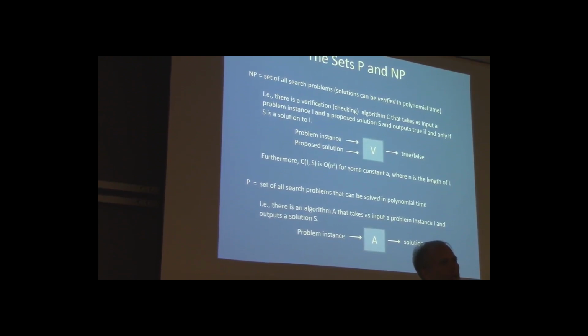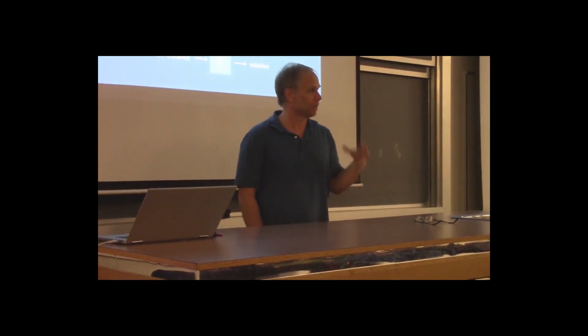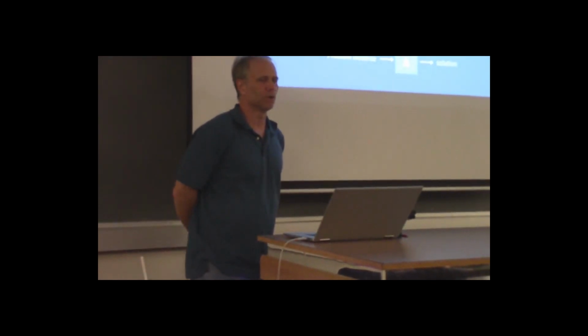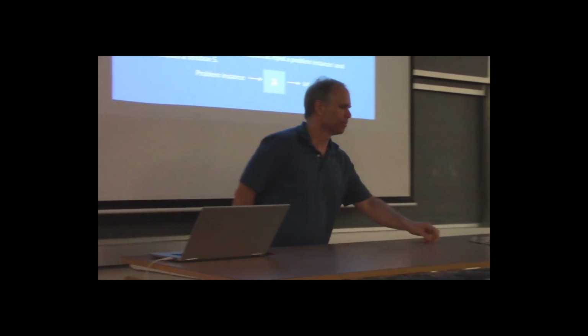In the 70s, so the theory of NP-completeness started in 1970, and in its original form, the definition of NP didn't talk about checking in polynomial time. It talked about solving it on a non-deterministic computer in polynomial time. And so that definition is not used so much anymore because it requires defining what a non-deterministic computer is and what it means to solve in polynomial time on a non-deterministic computer.